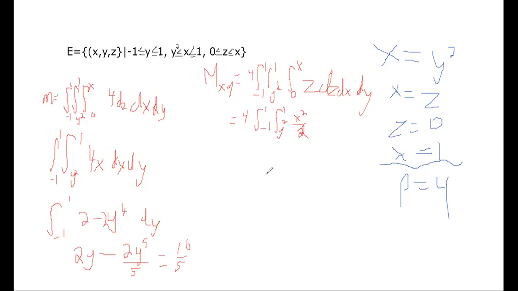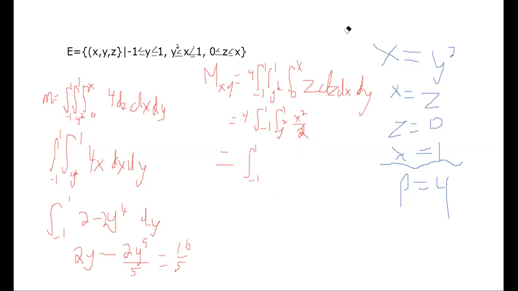So if we plug this in, we'll end up getting 4 times the integral from -1 to 1 of, we're going to make our life a little easier here, pull out that over 2.